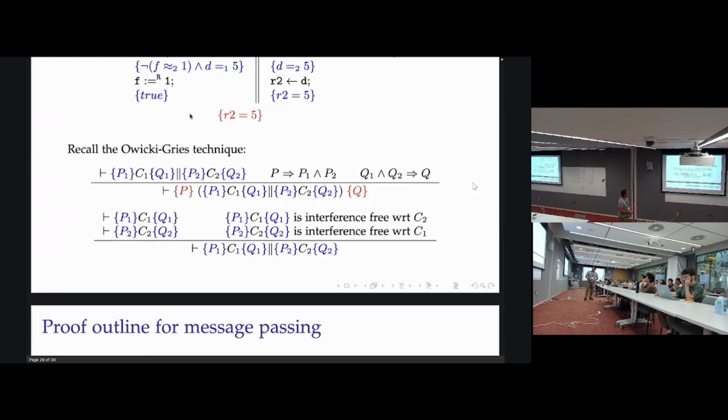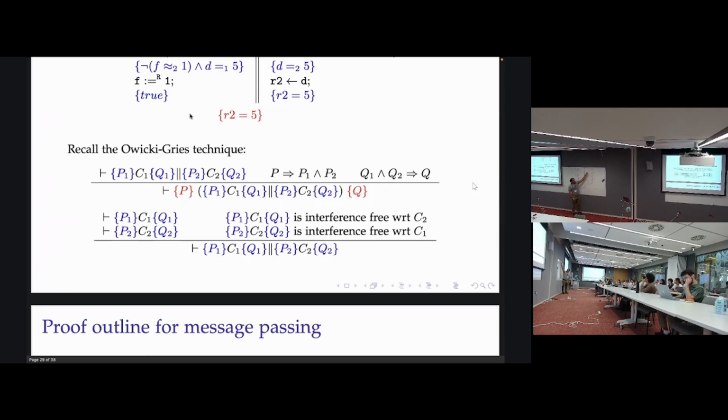Now, who knows how to think about the correctness of this annotation? The Hoare logic gives you this part. Pretend that I didn't write anything on this side. Hoare logic allows you to think about the correctness of this sort of proof outline.